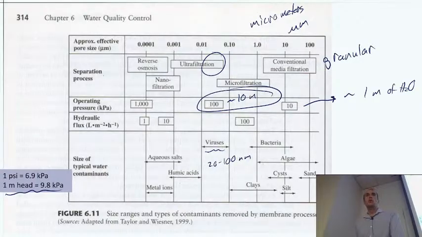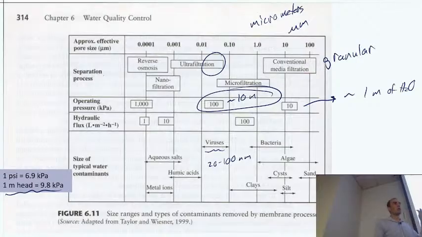So if we want to remove, let's say, just proteins, we need something smaller. That's when we're getting to the low end of ultrafiltration, and it's kind of a spectrum here, where we go ultrafiltration, then we start calling it nanofiltration, then we start calling it reverse osmosis. It's a little bit arbitrary.